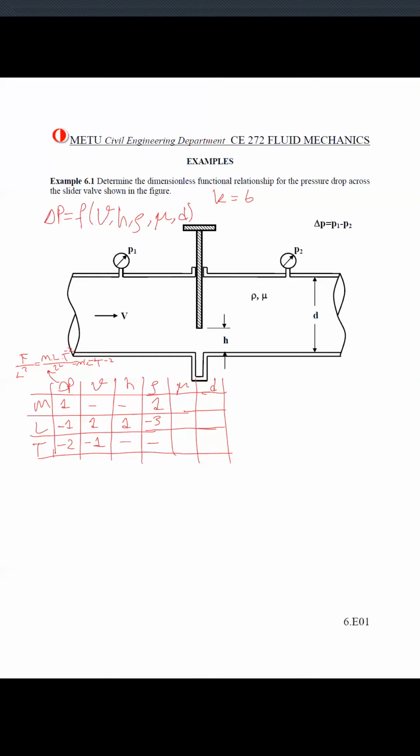For viscosity, we need to also derive it if you are not sure. We know Newton's law of viscosity: shear stress equals viscosity times velocity gradient.